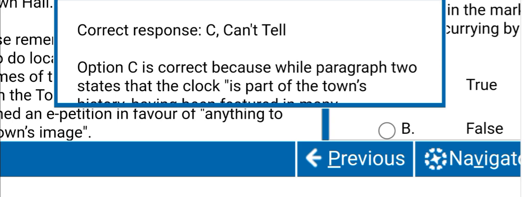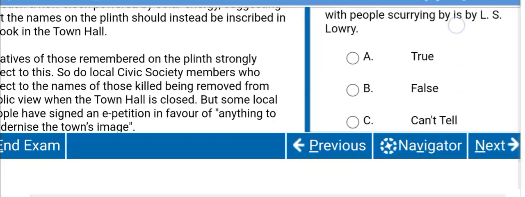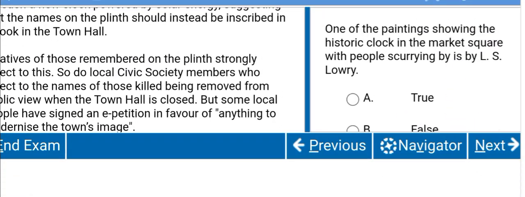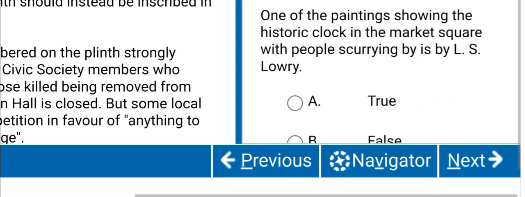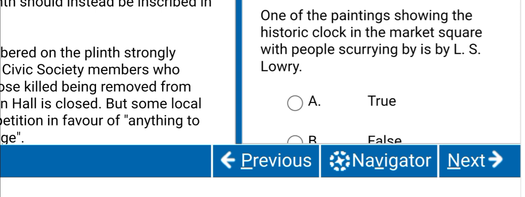So the correct option is option C, can't tell. We can't tell anything about the statement given here: one of the paintings showing the historic clock in the market square, with people scurrying by, is by L.S. Lowry.